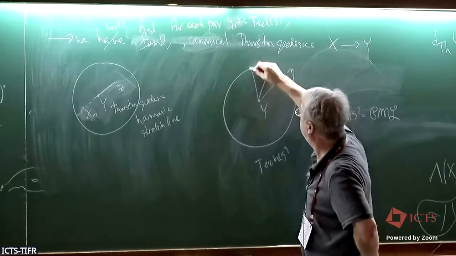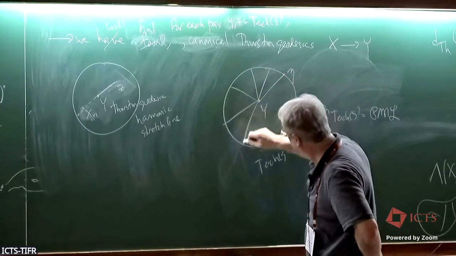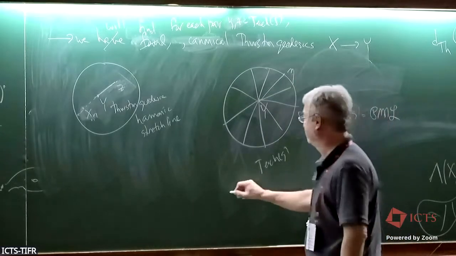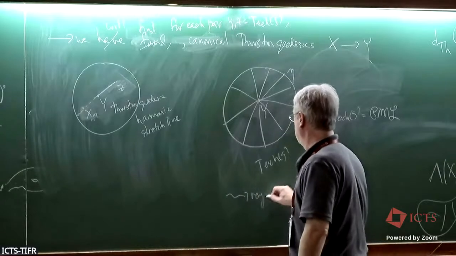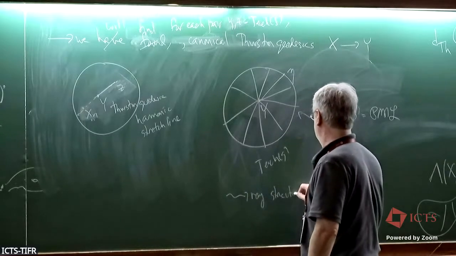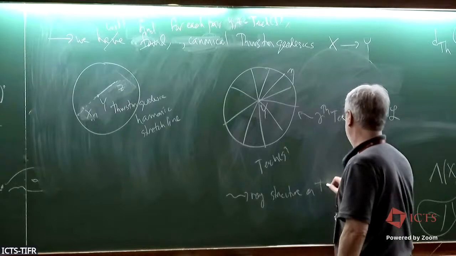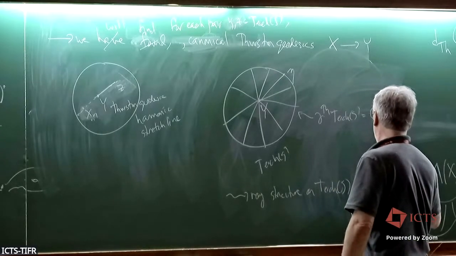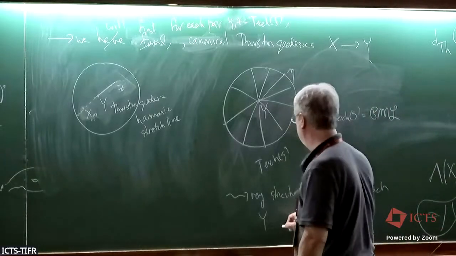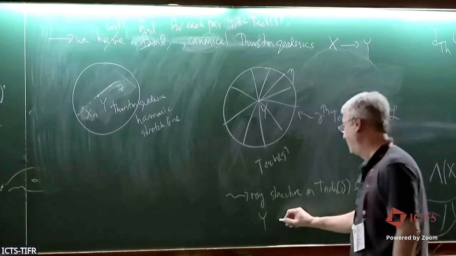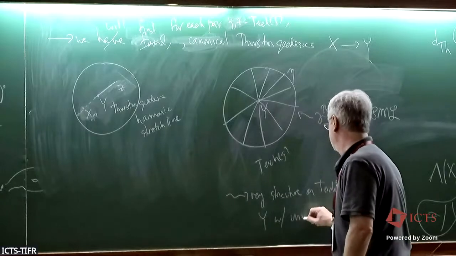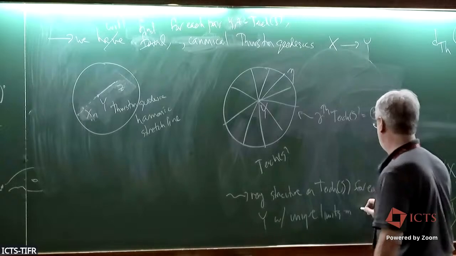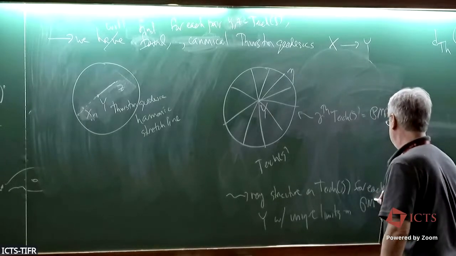And the point is that we will end up with a ray structure on Teichmuller space for each y. So I'm going to foliate with unique limits on PML.